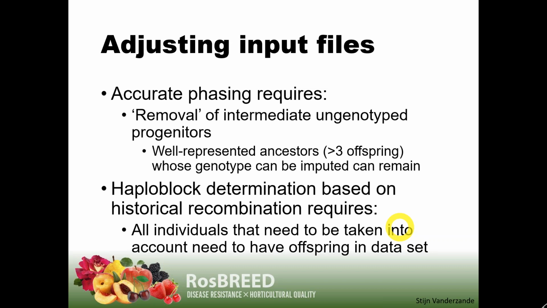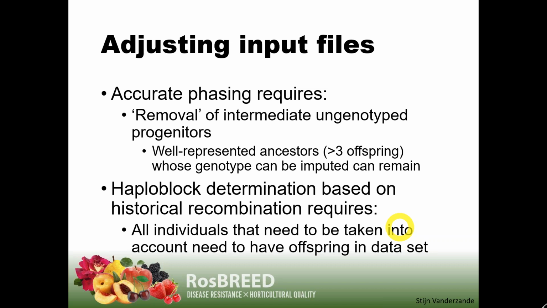So visual FlexQTL has its own way of determining whether something is selected material or not. It says, well, if it's selected material, if it's important, it must have had some offspring, whereas seedlings you don't use as parents, so they won't have offspring.